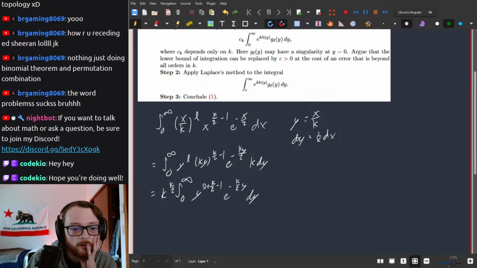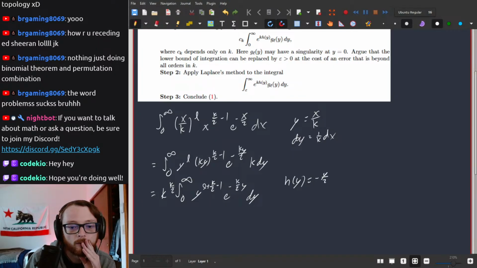So that means our h of y, looking at this thing here, is minus y over 2. Our g sub l of y is y to the l plus k over 2 minus 1.